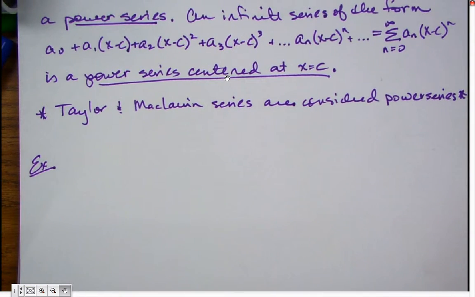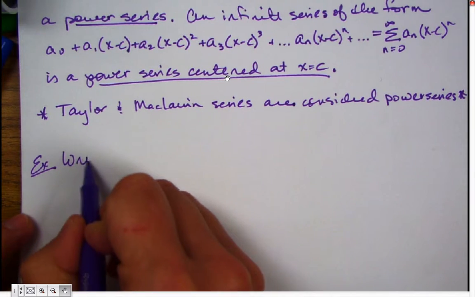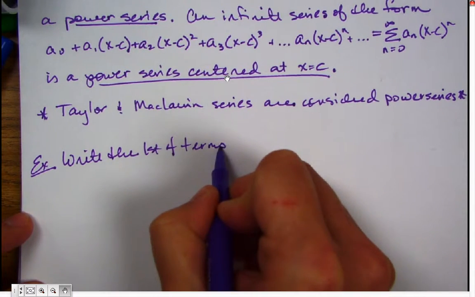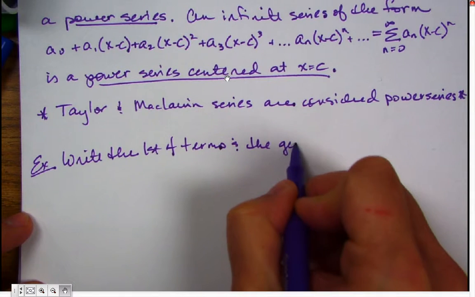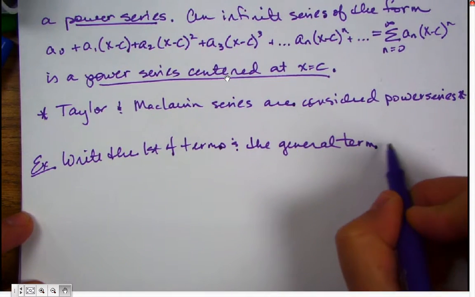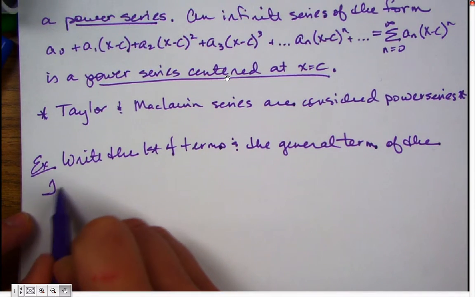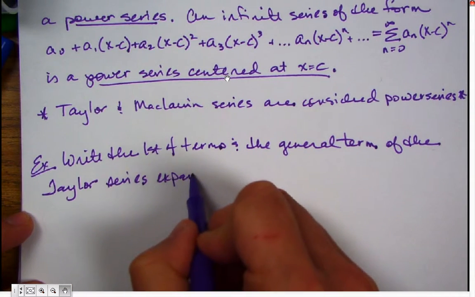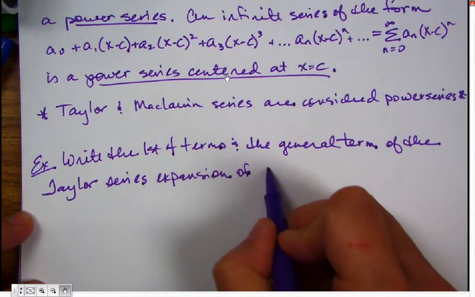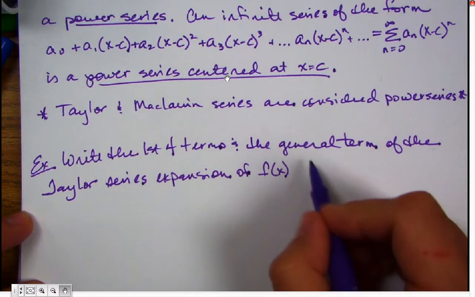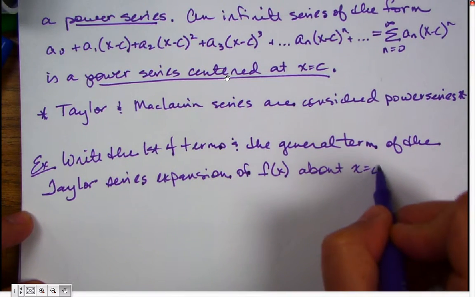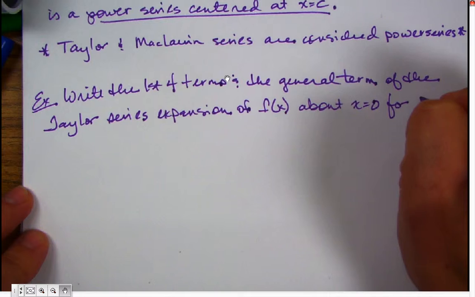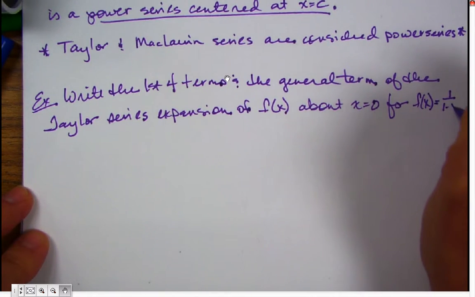Okay, so we're going to start with a little bit of review here. Write the first 4 terms and the general term of the Taylor series expansion of f of x about x equals 0 for f of x equals 1 over 1 minus x.